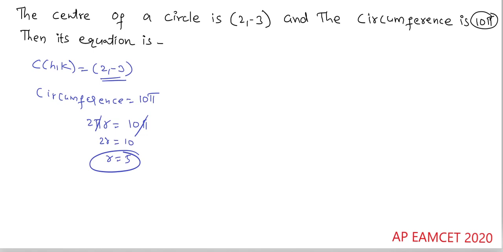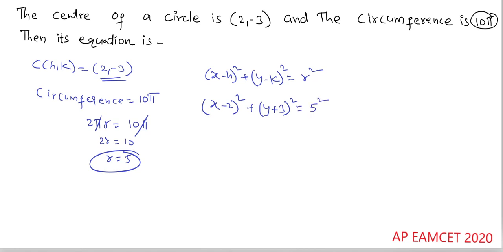And the center is given (h, k). Therefore, the equation of the circle is (x - h) whole square plus (y - k) whole square is equal to r square. That is (x - 2) whole square plus (y + 3) whole square is equal to r square, that is 5 square. This is x square minus 4x plus 4 plus y square plus 6y plus 9 is equal to 25.